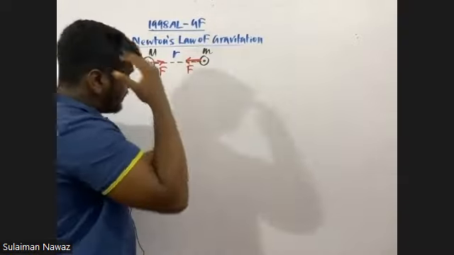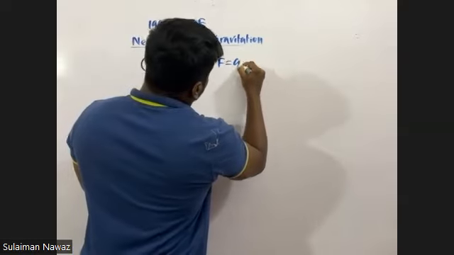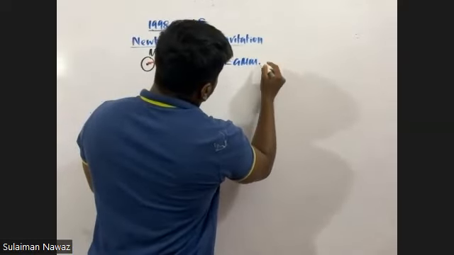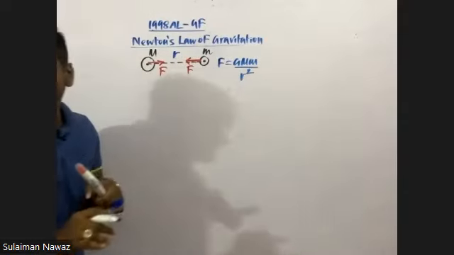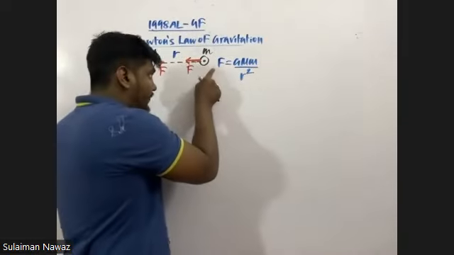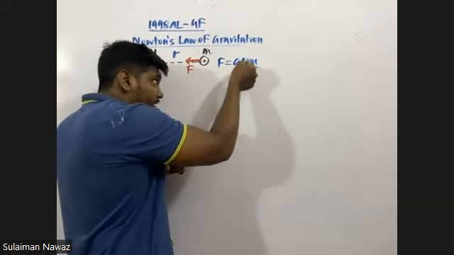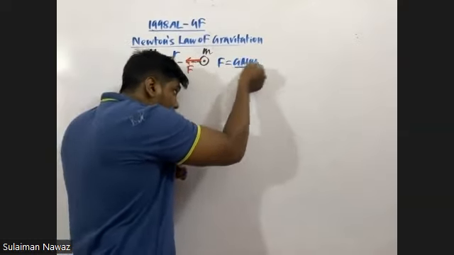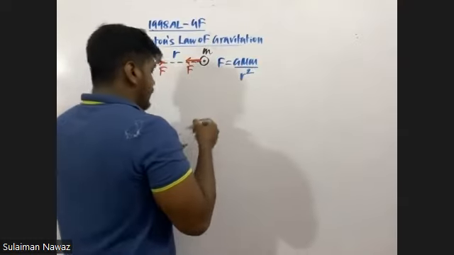Then capital F equals G capital M simple m over r squared. Newton told that gravitational force between two masses is directly proportional to the multiplication of their masses and inversely proportional to distance squared.